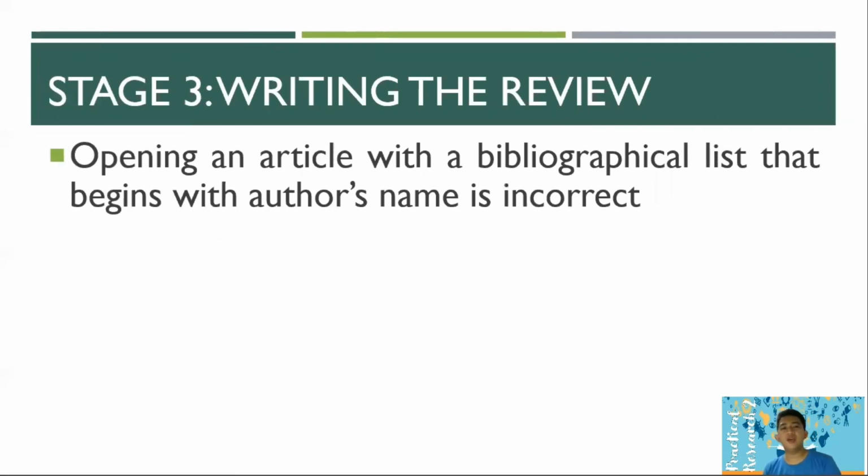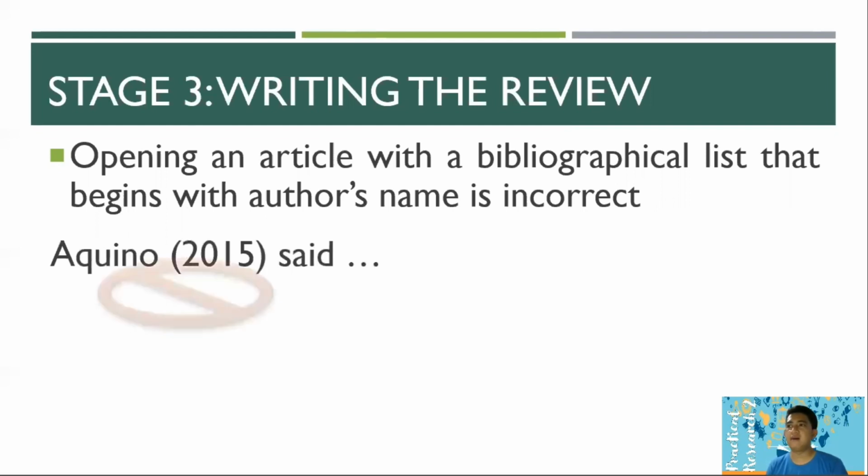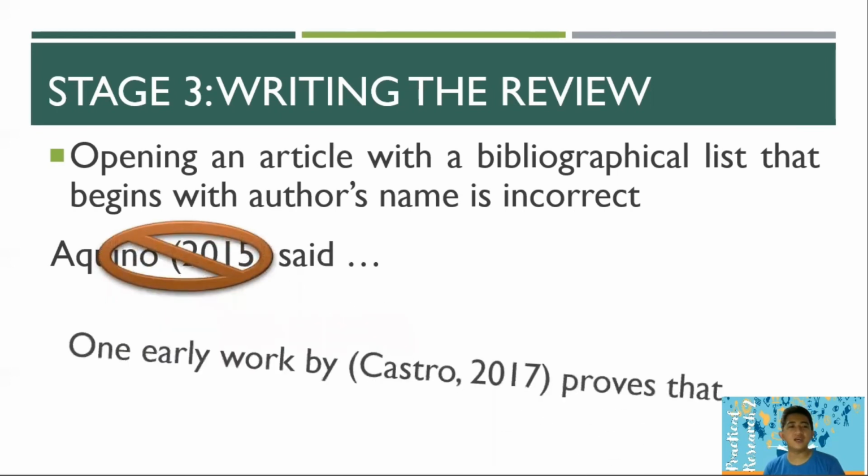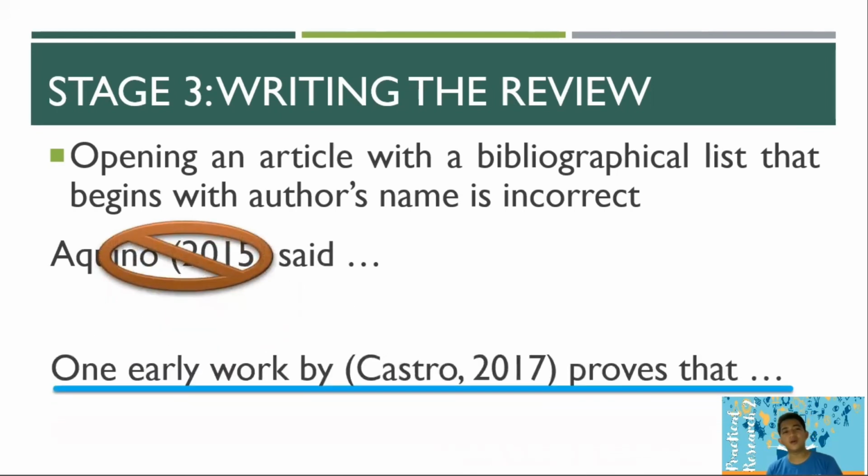Opening an article with a bibliographical list that begins with the author's name is incorrect, such as this: Aquino 2015 said. So this example is incorrect. What we can do is to write it as, one early work by Castro in 2017 proves that blah blah blah.